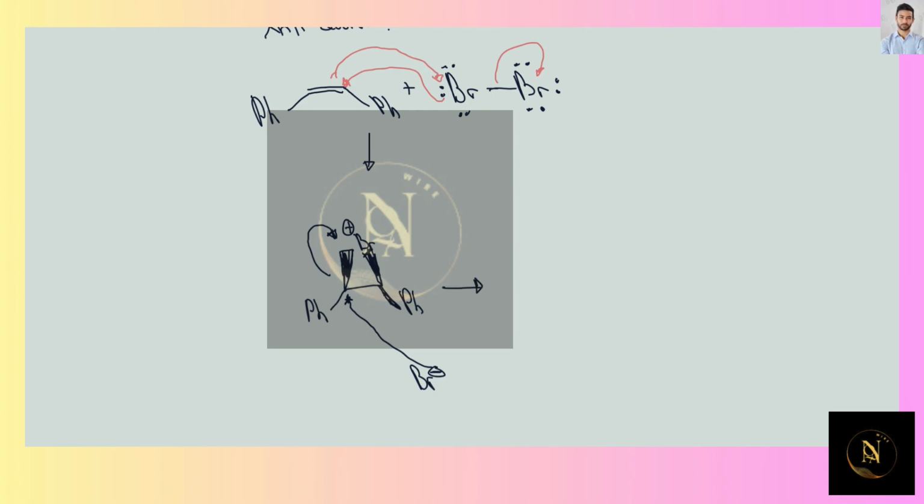Keeping the correct stereochemistry, we're going to have on this side our phenyl group. The phenyl group is also going to stay the same over here. But what is going to change is that on one, the bromine goes into the back, and over here it's going to stay in the front position.